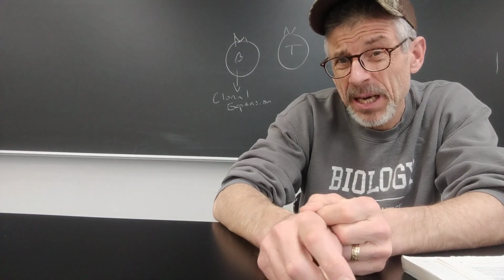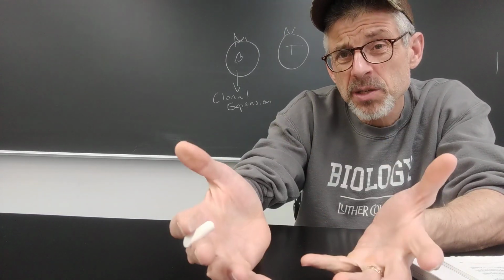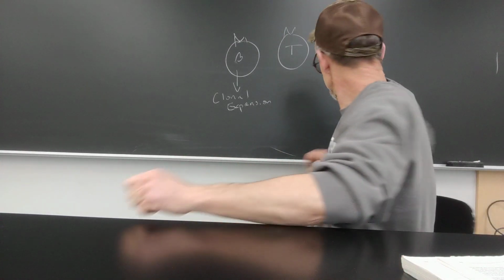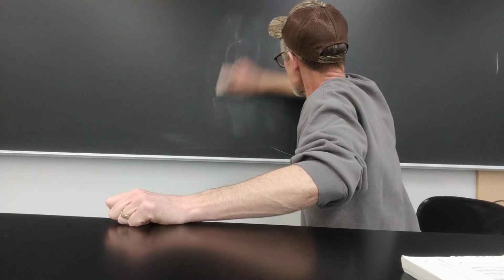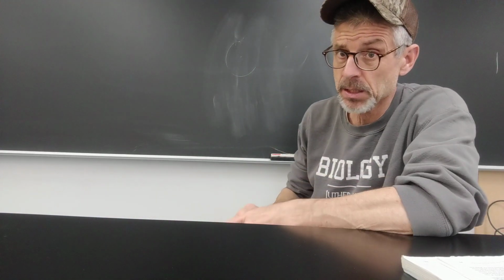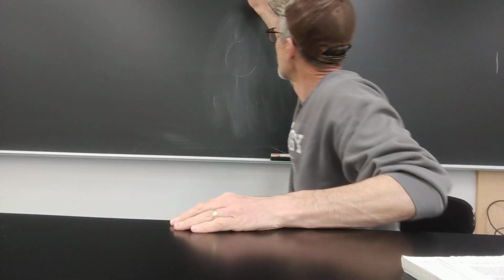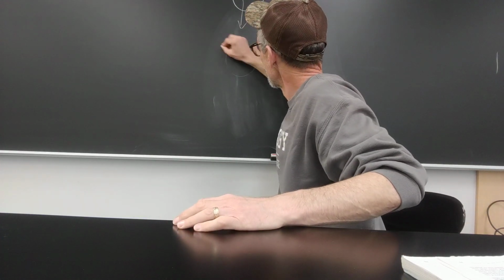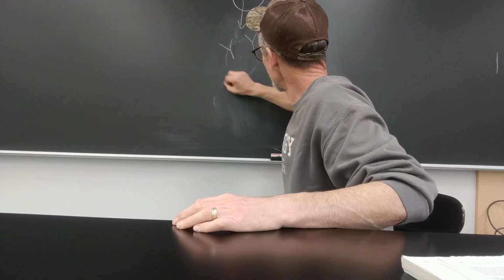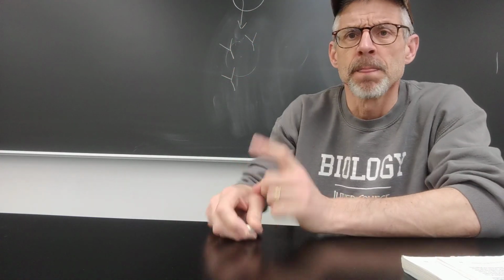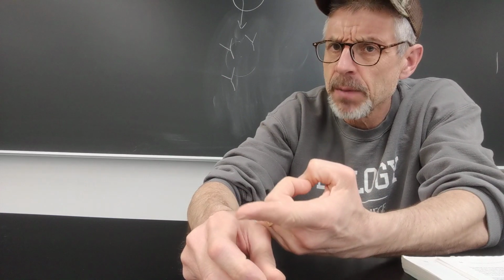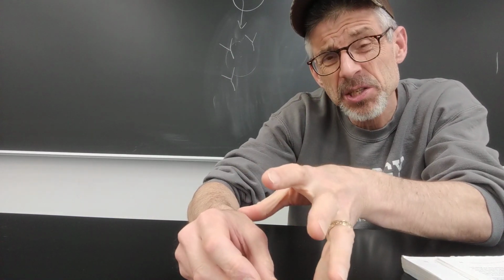Now, about the antibodies, what do they do? They're products of B cells. These B cells, the plasma cells, the B cells that are produced in clonal expansion, start cranking out antibodies. Now, antibodies are almost like antigen receptors.